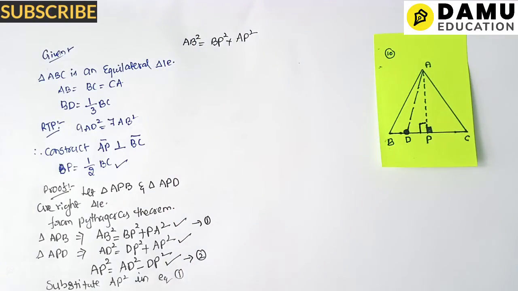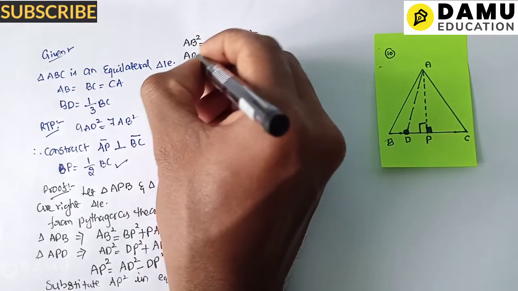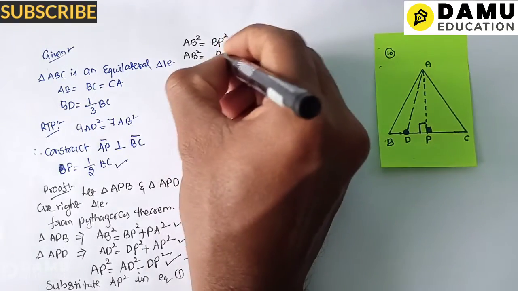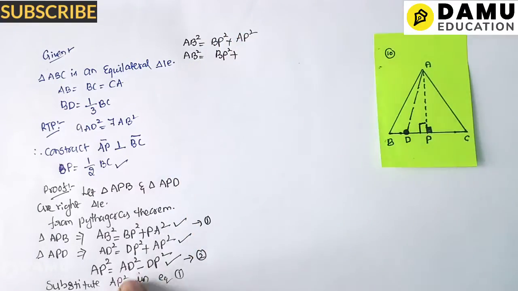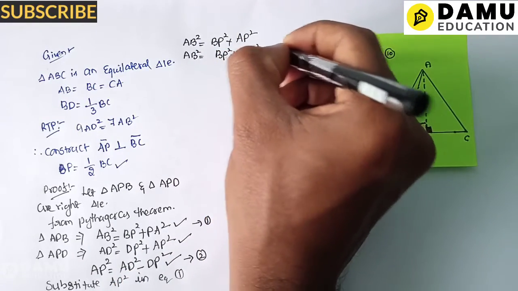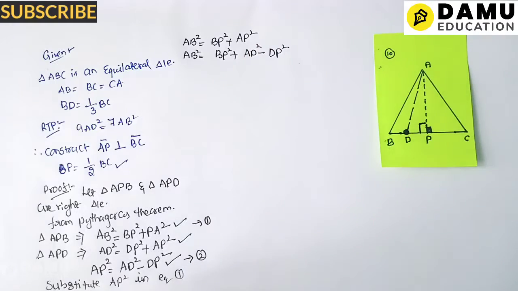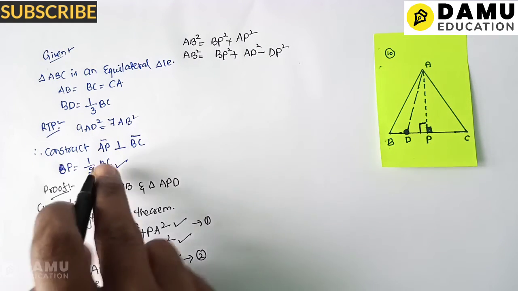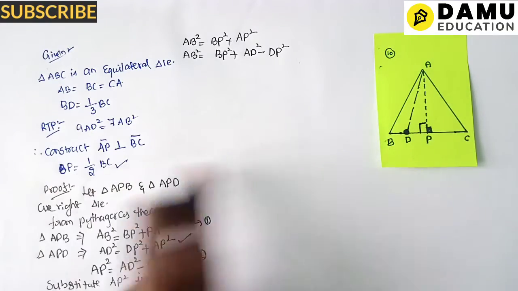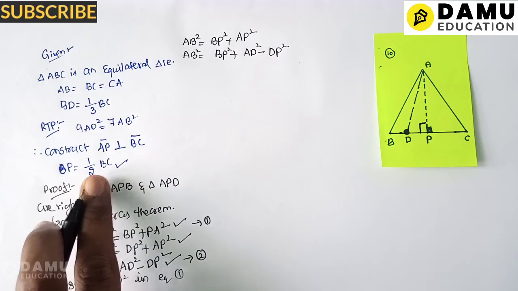So AB square will be equal to BP square as it is, plus AP square, which is AD square minus DP square. Now BP square we know: BP will be equal to half of the BC, as already taken. We constructed BP as half of the BC.